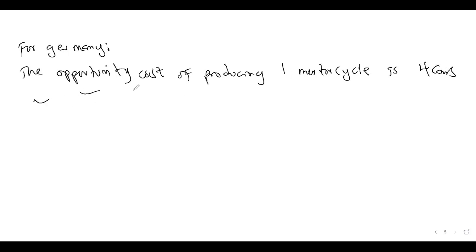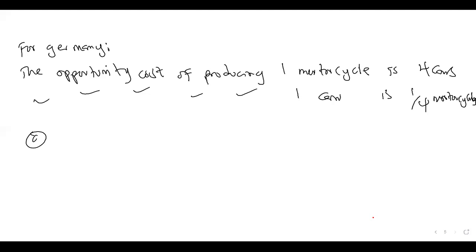And that will mean that the opportunity cost of producing 1 car is 1/4 motorcycle. That is for Germany. So this is the opportunity cost, right? Now C says that we should determine the commodity that gives each country a comparative advantage, right?